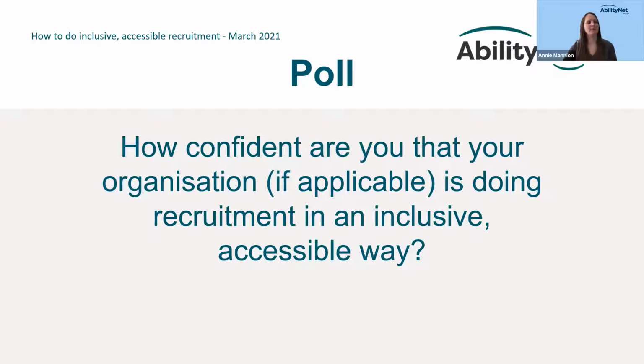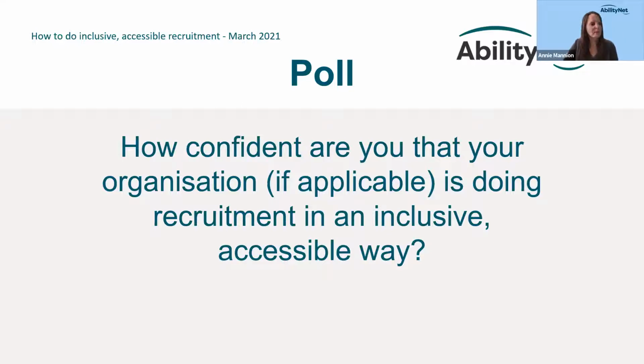There may be some things that we could do better, but generally we get things right. Not very confident. We still have a lot to learn and implement. Not at all confident. My organisation needs to make major improvements. Or not applicable, I don't belong to an organisation. Depending on how you've joined the webinar, you may find you can't see the poll, but you can respond in the Q&A panel. So I'll just leave a few more moments for everybody to respond.